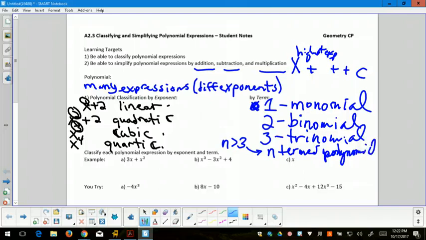So what if it has 100 terms? What am I going to call it? 100-termed polynomial. If it has 90 terms, I'll call it a 90-termed polynomial. Have fun writing out that problem. No, thank you.